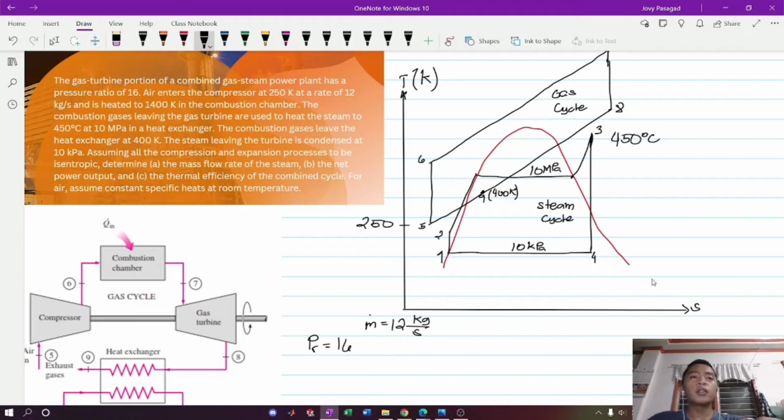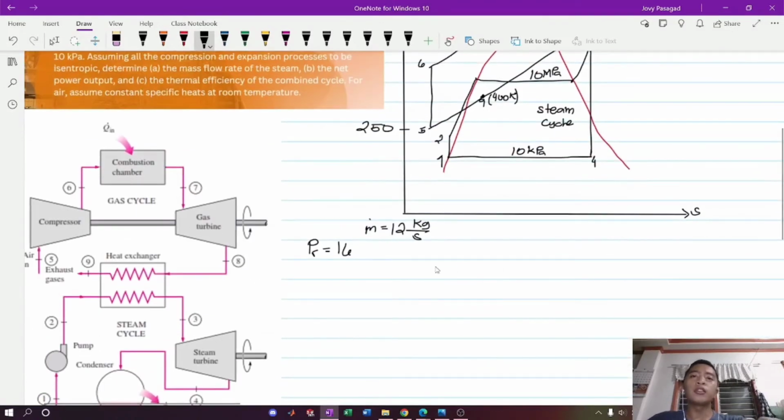For air, assume the constant specific heat at room temperature. So, also nato ang specific heat sa air. Your specific heat at constant pressure sa air is 1.005 kilojoules per kilogram Kelvin.